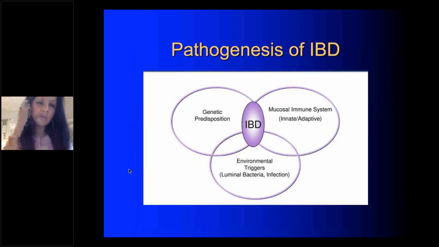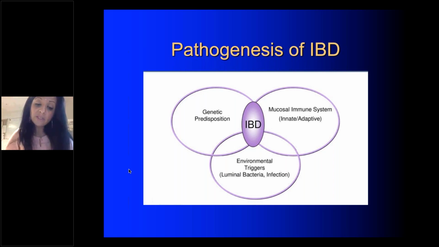Now, when it comes to what causes IBD, a lot of research has been done to try to find the causes, and this is really multifactorial. To date, almost 200 genes have been implicated in the pathogenesis of IBD.